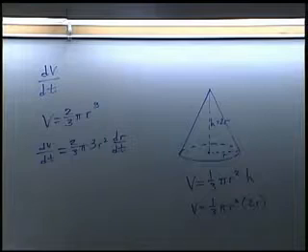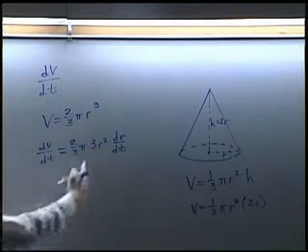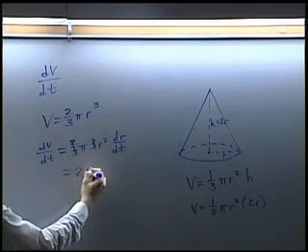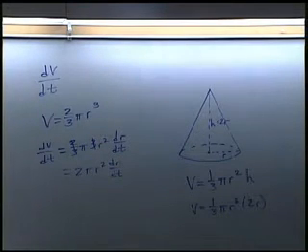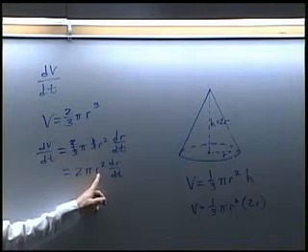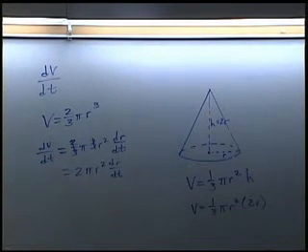Now I could have multiplied these two together, and in fact I probably want to do this now. What's three of these 2/3? That's just 2, right? So if I clean this up, I get 2 pi r squared dr/dt. Again, the only two things I have to know are a value for the radius, and a value for how the radius is changing. What are those numbers?